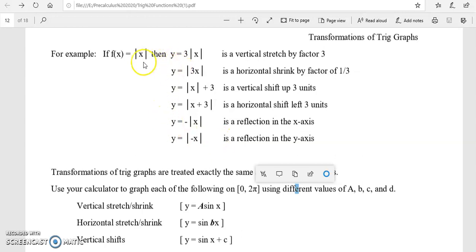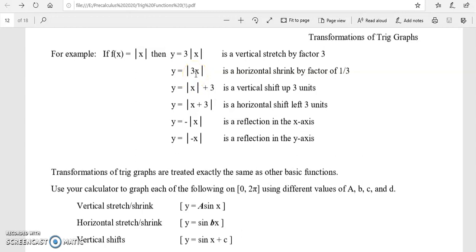So for example, if you start with what we call the parent function of absolute value of x, if you multiply the 3 outside of the absolute value, what you're doing is taking those y values for the absolute value of x and multiplying those by 3, which means that it stretches it vertically by a factor of 3. If you have the 3 inside with the x, now before you evaluate, you're going to multiply by 3.